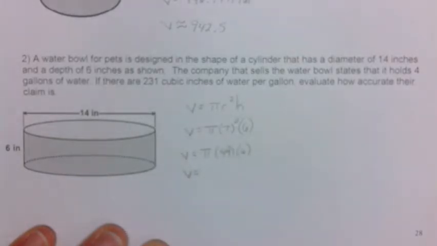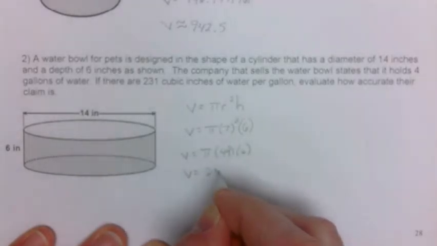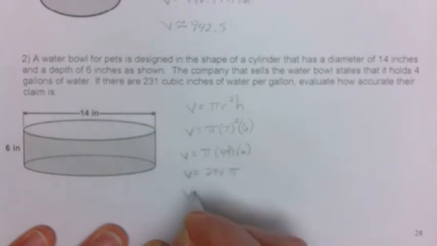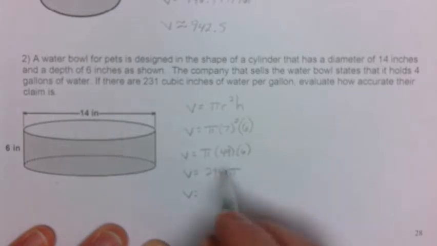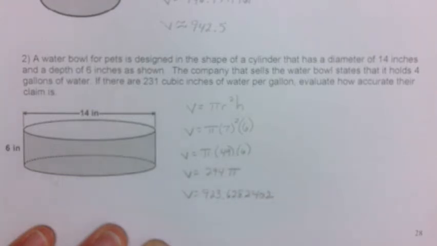And if we do 49 times 6, that gives us 294 pi. We're then going to multiply 294 by pi, which equals 923.6282402. Okay, so that's what the total volume is in cubic inches.